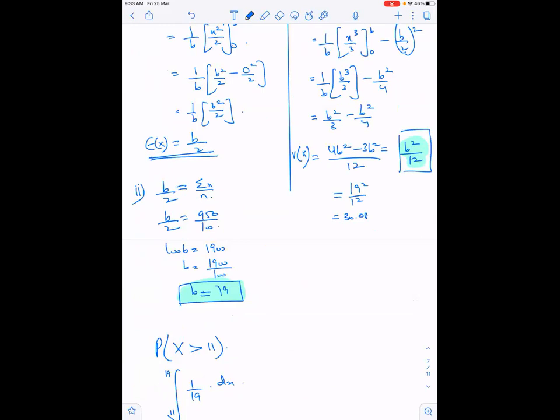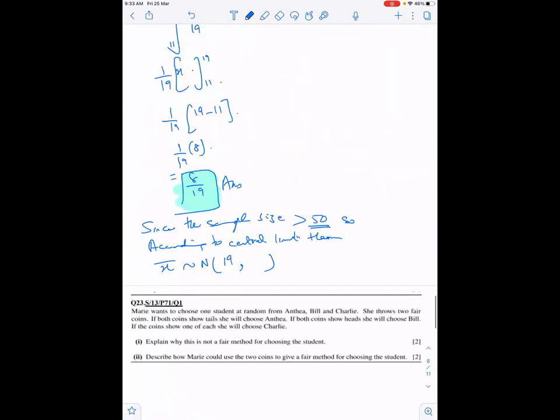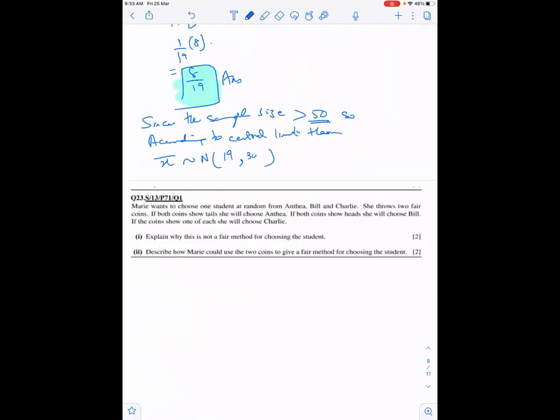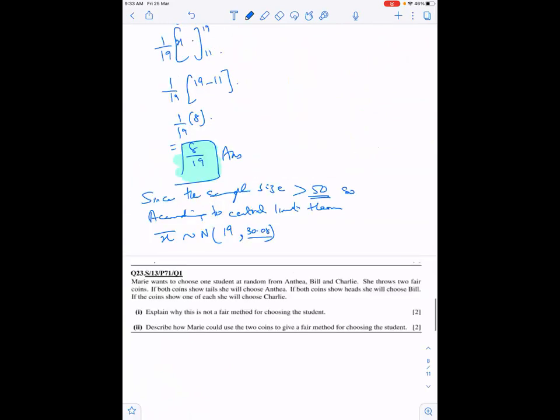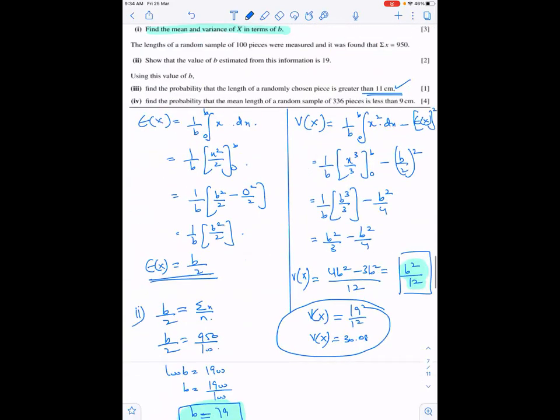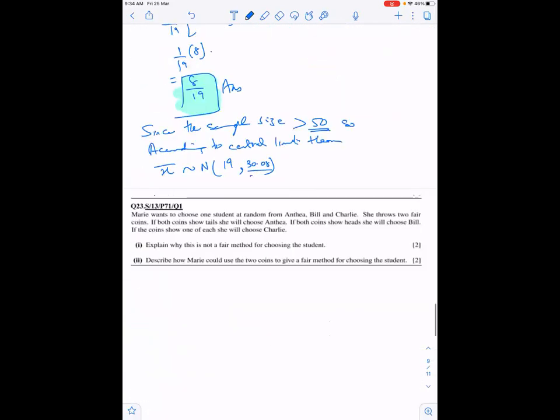This is the variance. This is the thing which we'll be using, 30.08, and 30.08 divided by the sample size, which is actually 336.